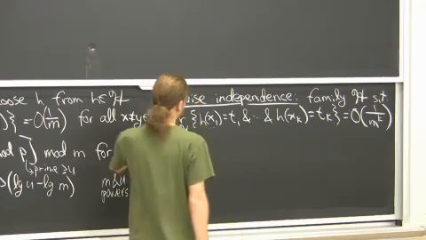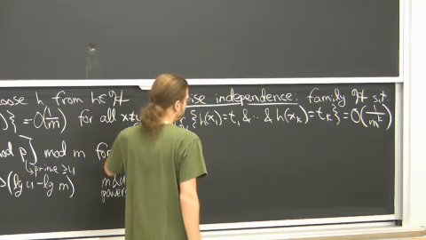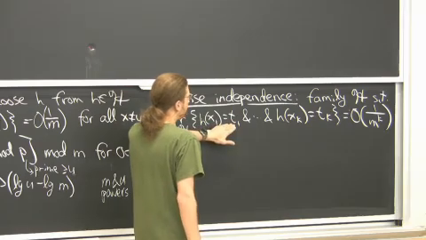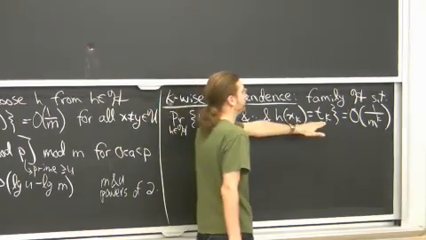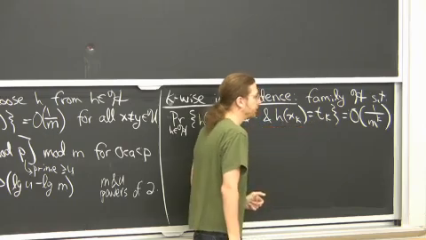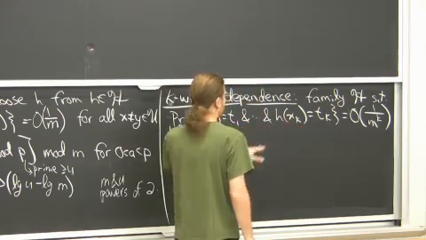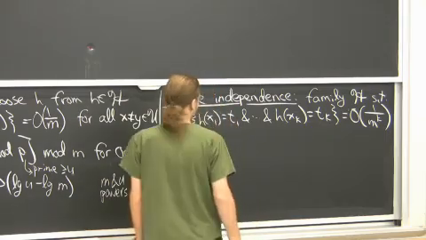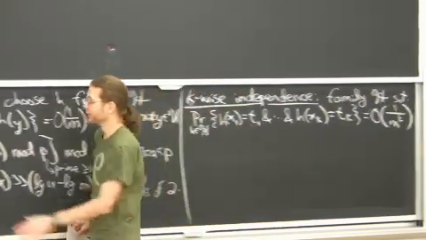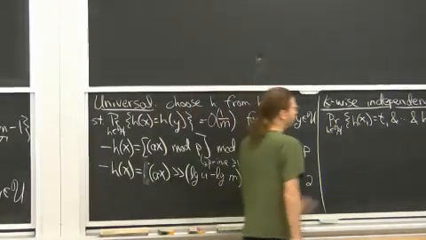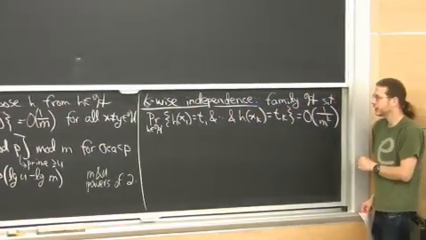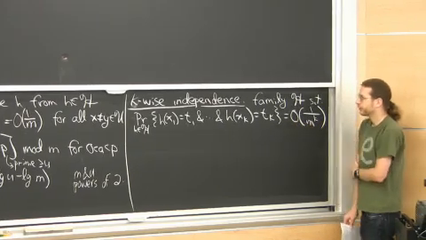Then what this is saying is the probability over your choice of hash function that the first key maps to this slot, t1, and the second key maps to some other slot, t2, for any two keys, x1 and xk, should be, if your function was random, each of those happens with probability 1 over m. They're independent, so you get 1 over m to the k, or 1 over m squared for k equals 2.